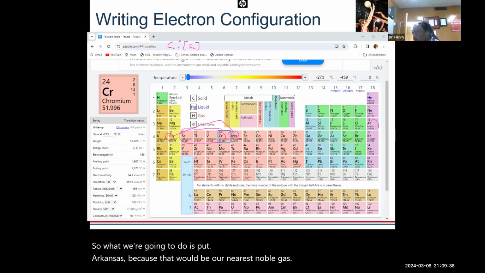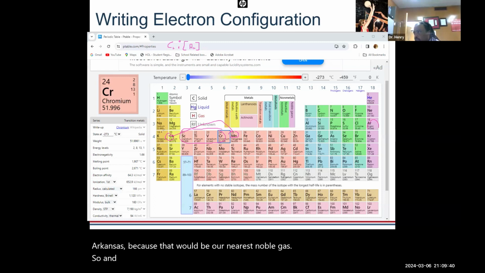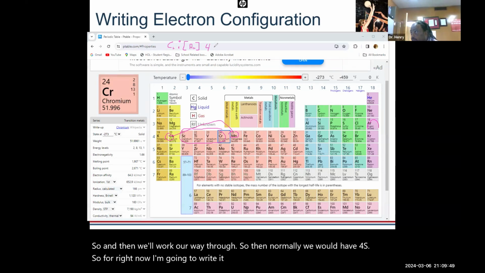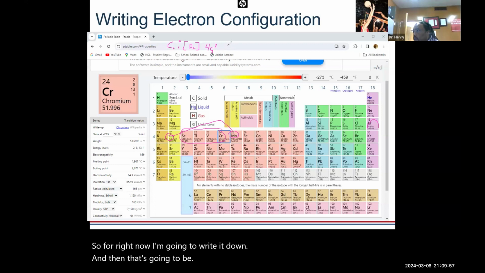Then we'll work our way through. Normally we would have 4s2. For right now, I'm going to write it down. And then that's going to be 3d, and that's 1, 2, 3, 4 normally, or what we would think would happen.